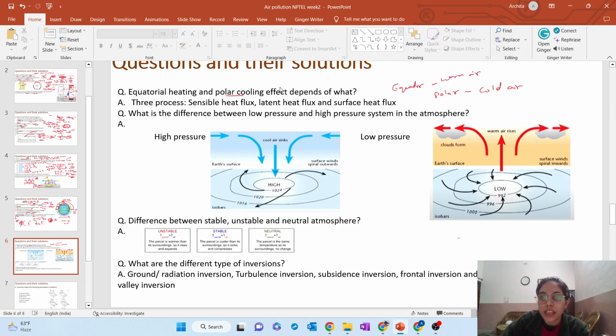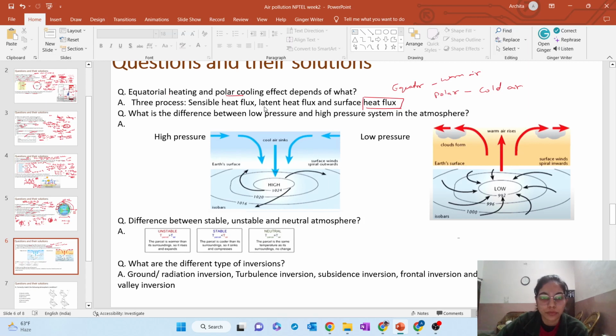Now this depends on different heat flux of this air parcel. The air parcel that we discussed in the previous slide can have different ways of transferring or attaining heat, right?